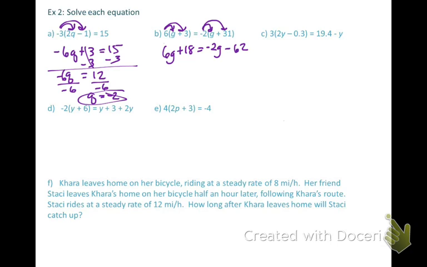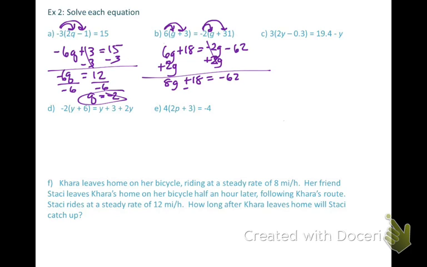But next I can add the smaller variable over to the bigger. So I'm going to add 2g to the 6g. So it's going to be 8g plus 18 equals negative 62.